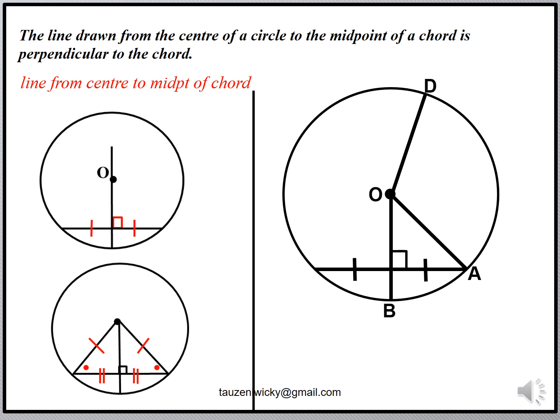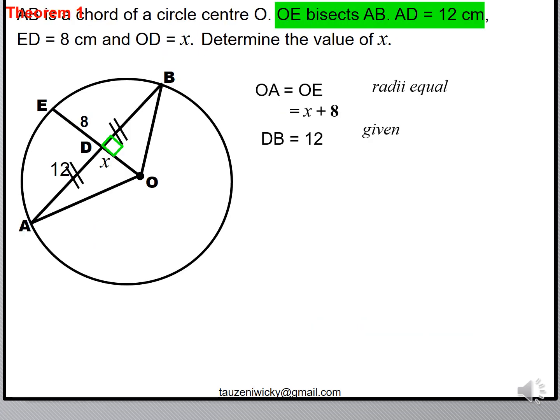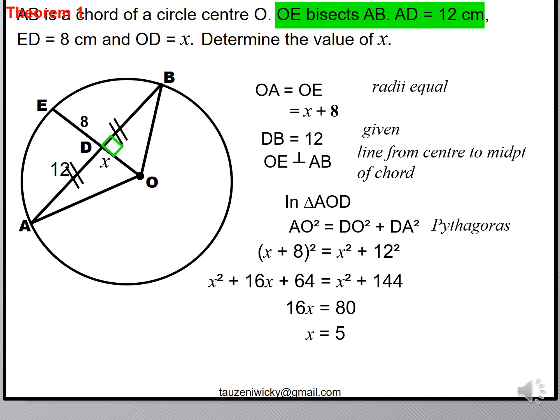So in this diagram here, the line from O to B, the line from O to A, and the line from O to D, they are all equal to each other because they are representing the same measurement, which is the radius. It needs a certain measure of practice.